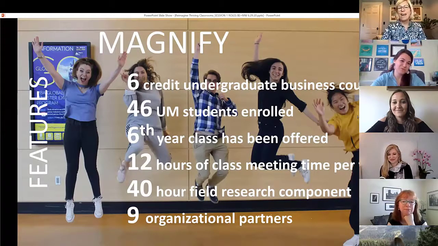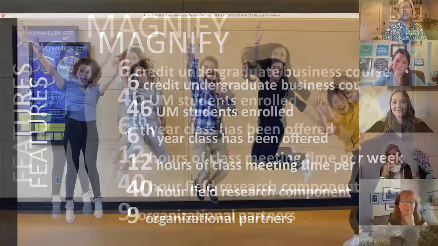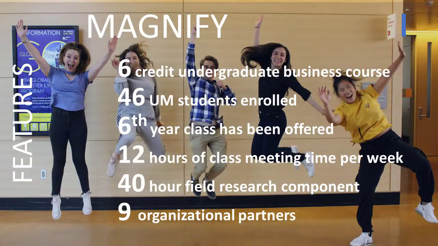So Magnify is a spring semester course, which is a time of year that not all students are on campus. It's a half semester, so 6 credit hours, which is considered a full load. And most of our students take only Magnify, so they're deeply immersed in the work that we do with them, as if it was the only class they were taking during their semester.